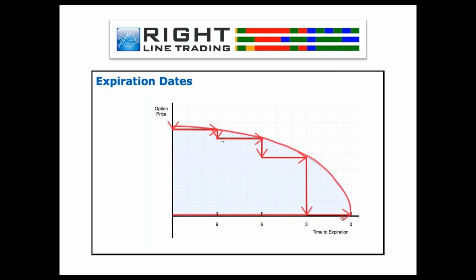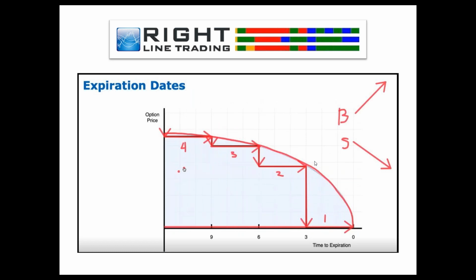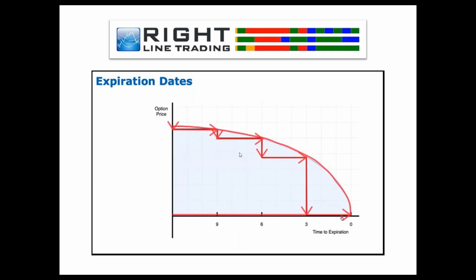Now, I just drew it out to make it clearer. I'm going to open the chat box and ask you a question. Obviously, if you buy a call, you want the underlying stock to go up. And if you buy a put, you want the price of the underlying to go down.